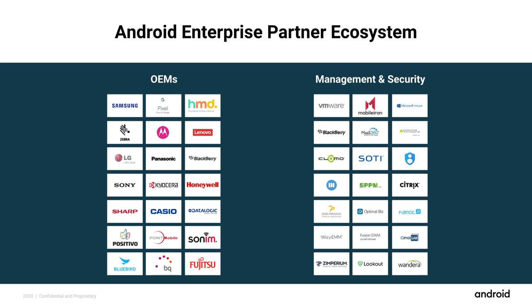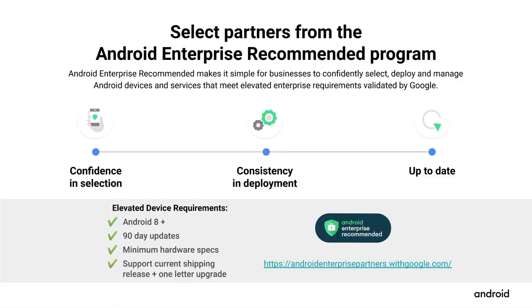And that's done with something called the Android Enterprise Recommended Program. It really uses standards that simplify the choice for businesses so they can confidently select, deploy, and manage Android devices and select partners that meet elevated requirements that enterprises require.